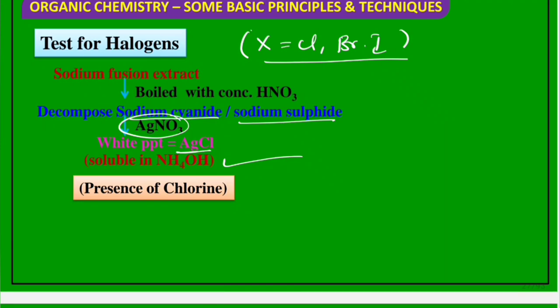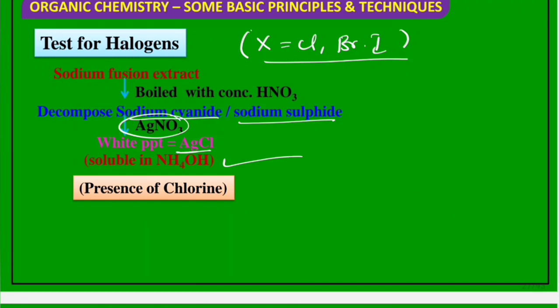Once again, the cyanide or sulfide of sodium formed during the Lassaigne test can interfere with the silver nitrate test for halogen. So the sodium fusion extract is first boiled with concentrated nitric acid, which decomposes them. Then it is treated with silver nitrate solution to form silver chloride, AgCl.